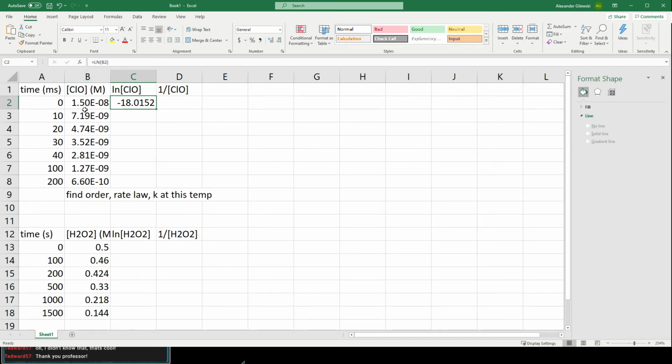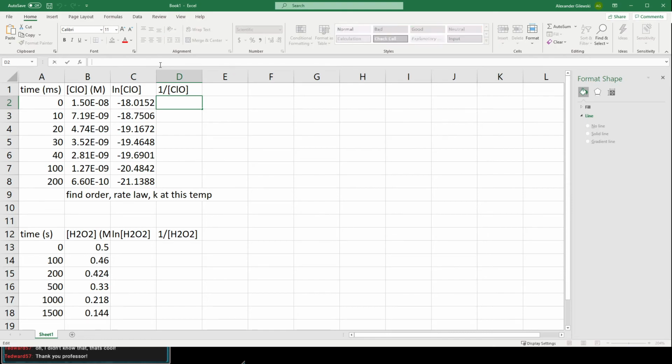So ln of B2, so it'll be the natural log of my concentration. And I can just drag this down, and it's going to do the same thing for all my concentrations. For this one, I can do the same. We'll do equals 1 over B2, because that had my data. Not B1, B2, I'm sorry.